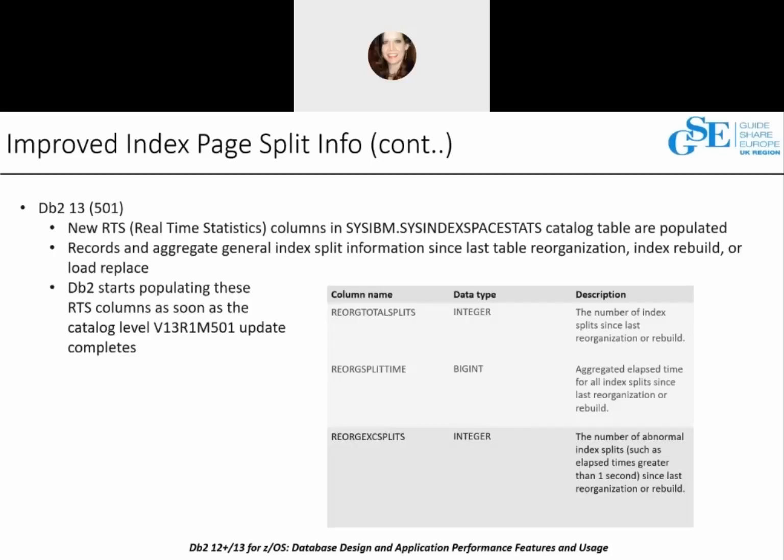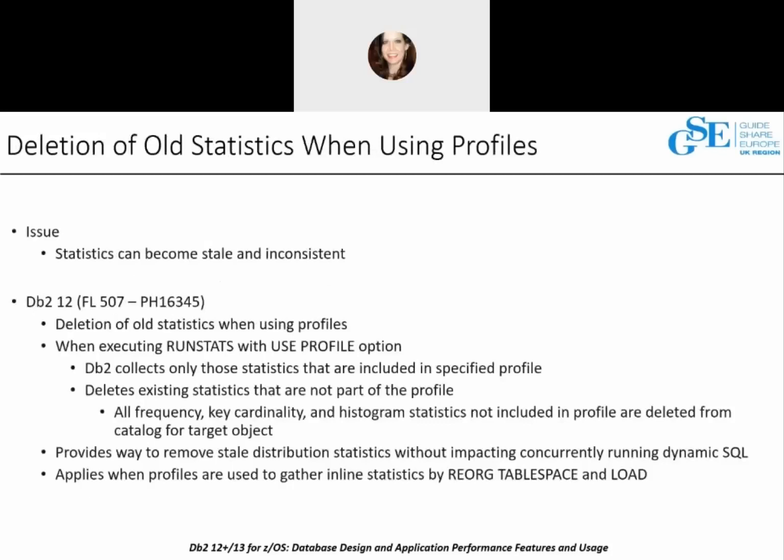So there are more statistics gathered, just like normal statistics are gathered with RTS, like number of reorgs or number of inserts since the last reorg. These index split stats will be gathered in the same manner as they are for everything else.